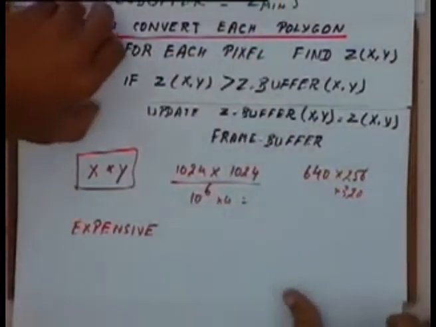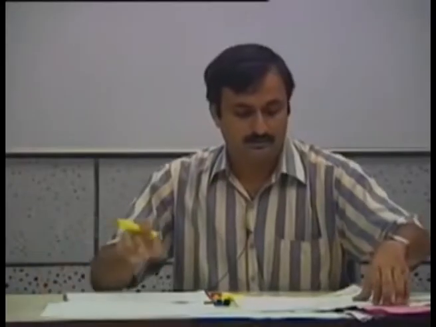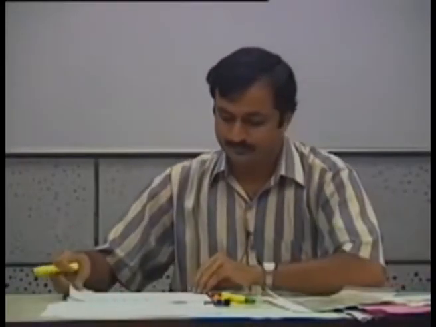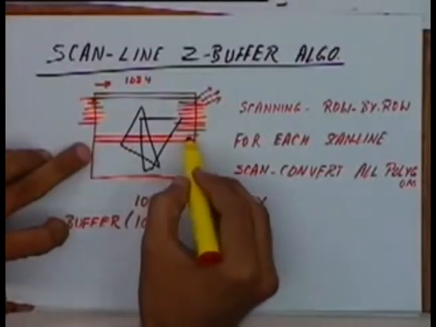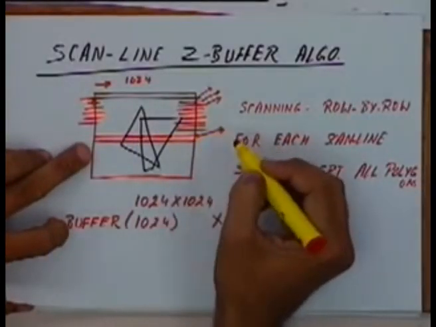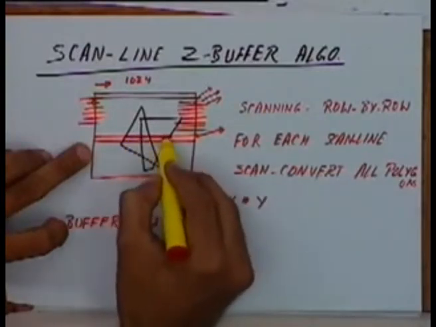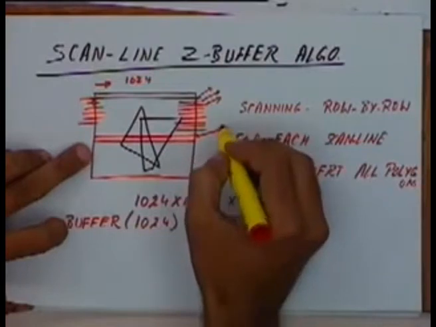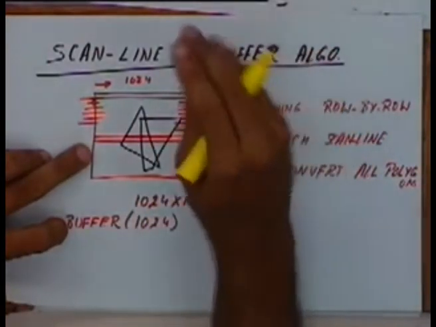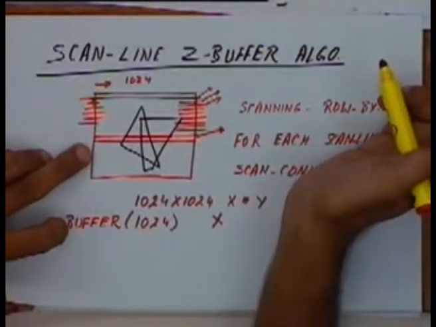So the moment I have decided that in this particular scan line which polygons are to be displayed, I don't need the Z buffer for this line anymore. I only need the frame buffer. The frame buffer is available to me anywhere.